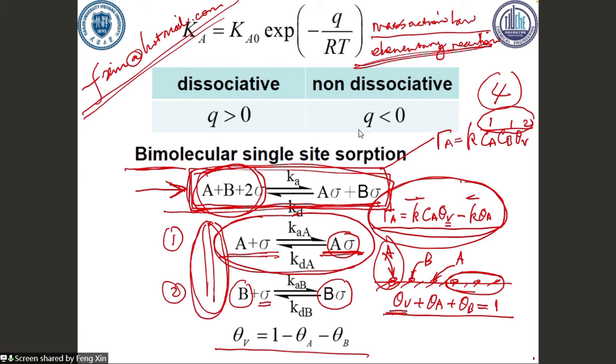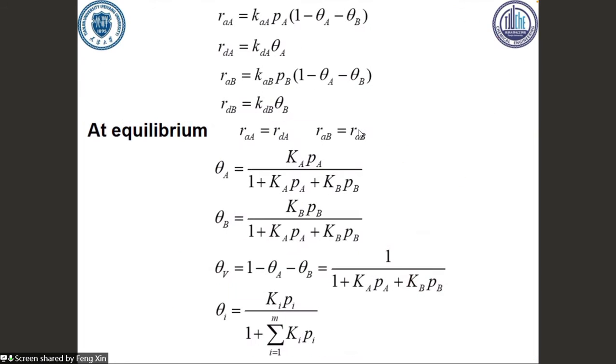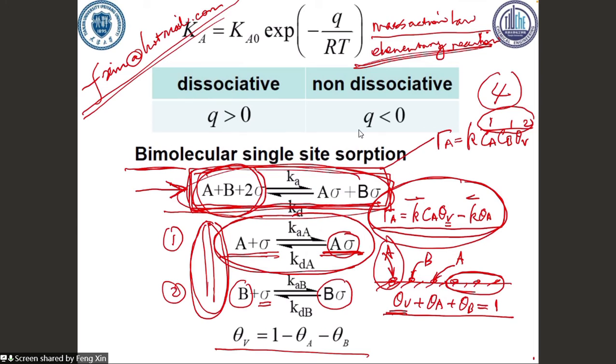So for this chemical reaction, you can get the reaction rate. Let's look. Ra is for this reaction, the adsorption of A. Using the mass action law, Ra equals kaA, for the A species adsorption, so we use the subscript aA, multiplied by Pa.